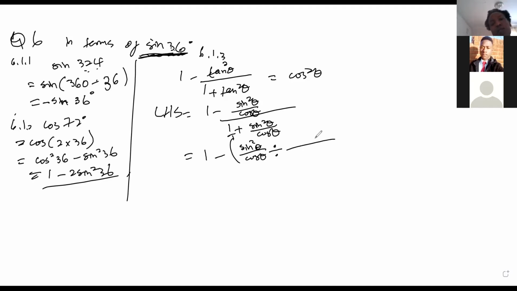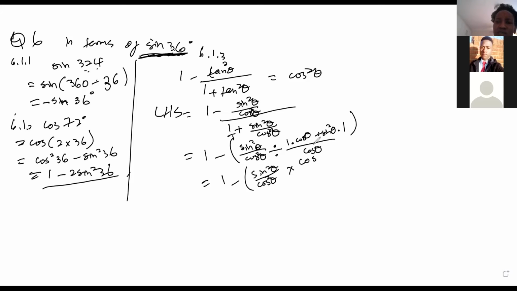So I have 1 over 1. The lowest common denominator here is cos squared theta. So I'm going to have 1 times cos squared theta minus sine squared theta over cos squared theta. You change the division to multiplication and flip this.